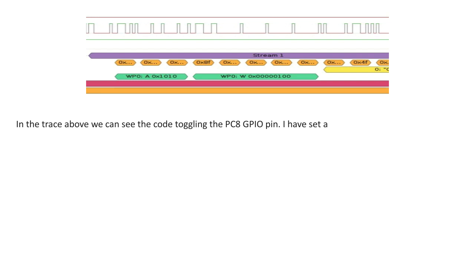Can you see here stream 1, below the stream 1 there is data, below that I have marked that. After that we get a software trace packet which the code sends by calling ITM print 0 comma on. The 0 is the port number.